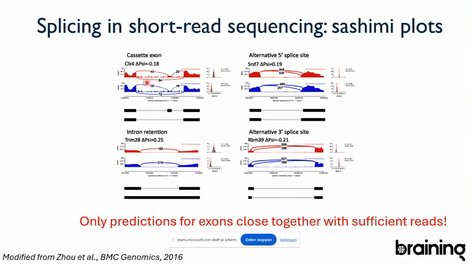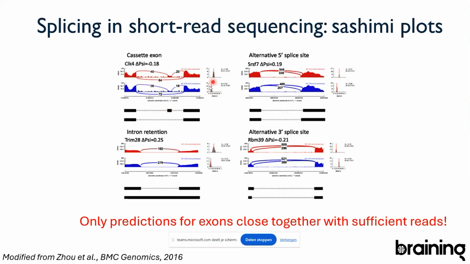I also get some other information because there is also the case where I have reads that span from the exon-exon junction of exon 1 to the exon-exon junction of exon 3. And that's what we see here. So I can infer that there are at least two isoforms of RNA present. One RNA isoform with exon 1, 2, and 3, and one RNA isoform that has exon 1 and 3, but lacks exon 2.